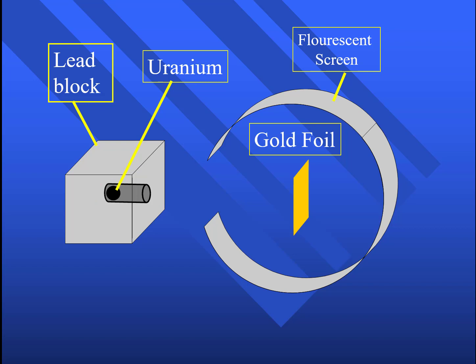Now the uranium is giving off alpha particles in every direction, but only the ones coming this way can come out. So he's found a way to aim his alpha particles at the gold foil. He's got an alpha particle gun. It's not really a gun, but it shoots alpha particles.